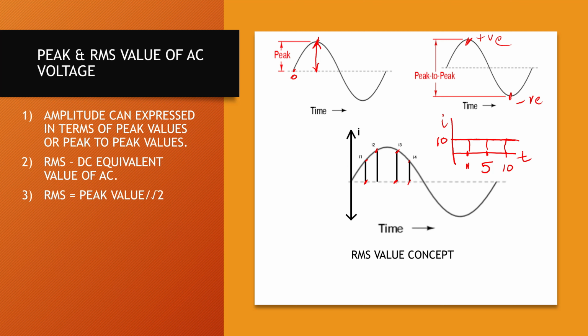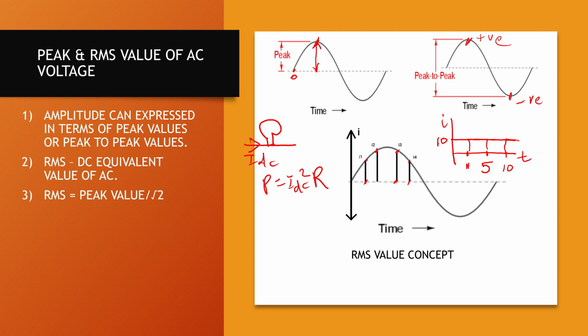So let's say you have a circuit like this. Maybe you have a bulb like this and there is a DC current flowing. So we know that power is equal to I DC square times the resistance, which we saw in the previous video.